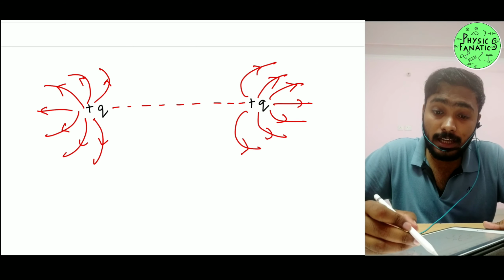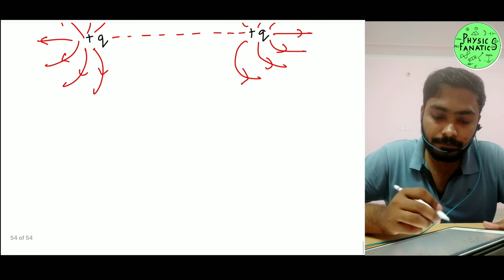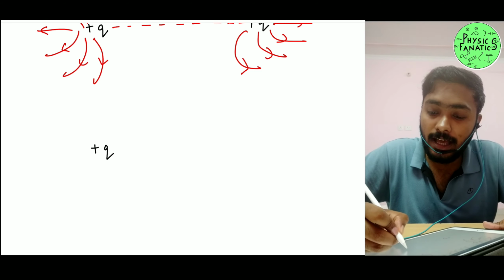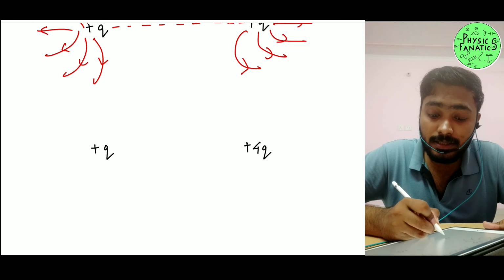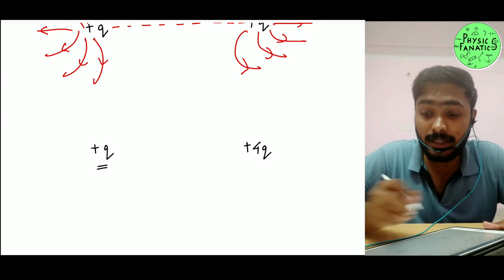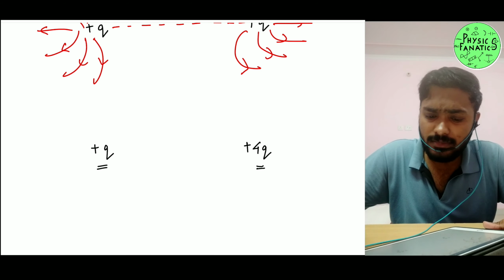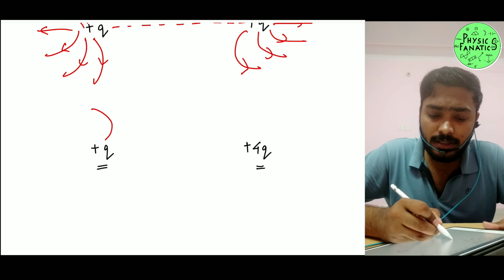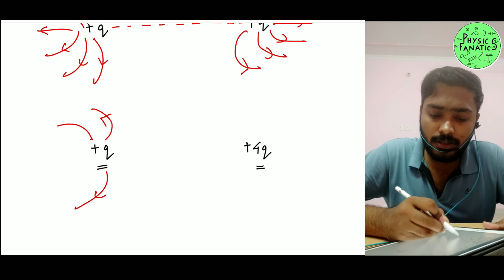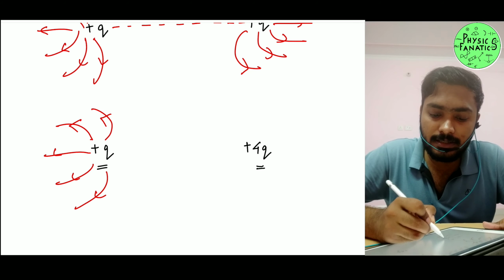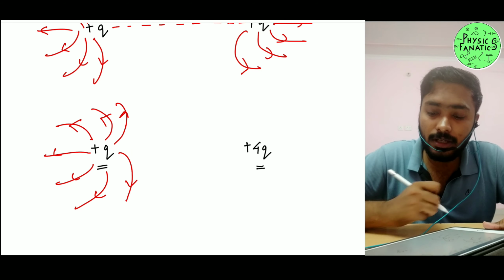Now let's say you have a plus Q charge and a plus 4Q charge. That means this one has smaller magnitude and this one has a larger magnitude. How can you draw that? It's pretty simple. You can draw the electric field lines like this, going outward.